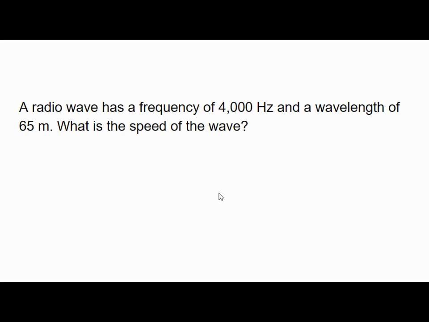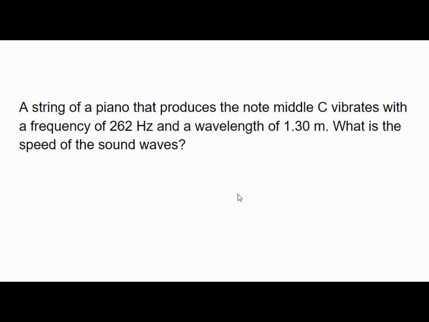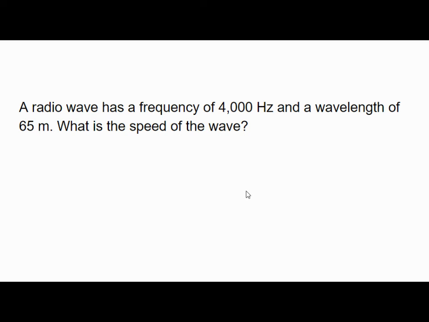So that's our speed. That's going to be meters per second. Remember, speed is always in meters per second, even when we talk about waves.